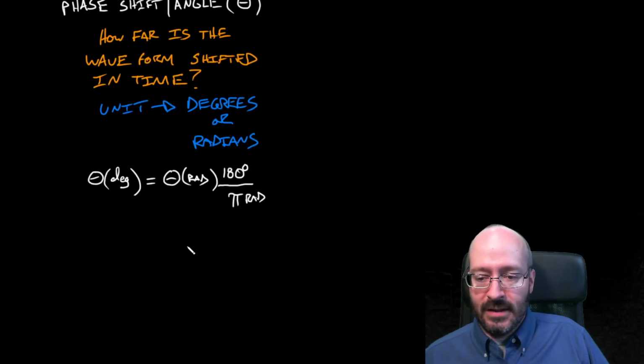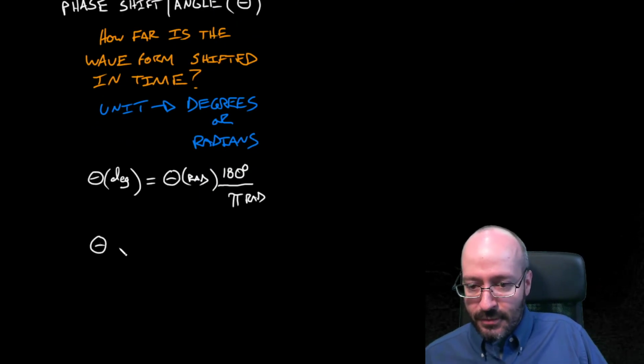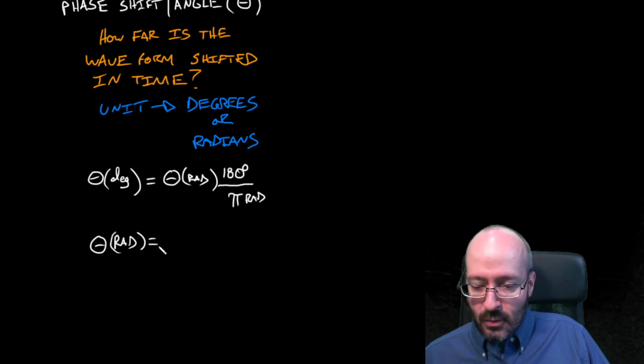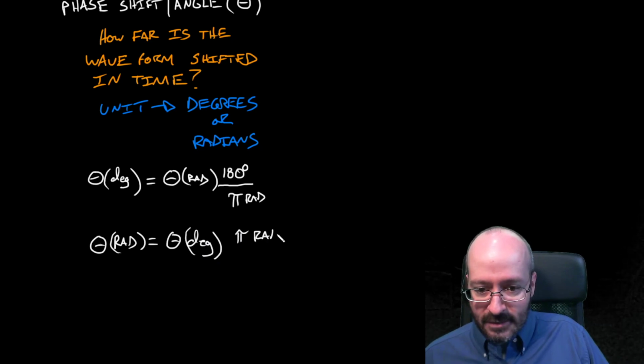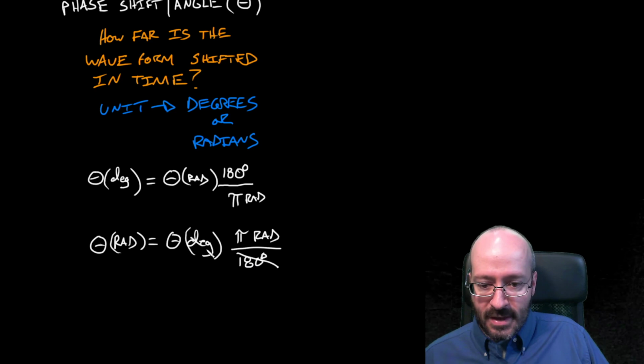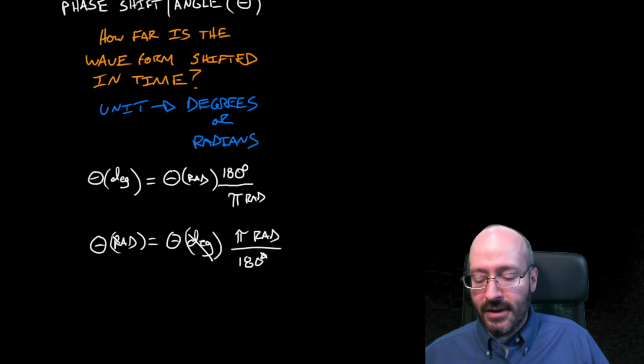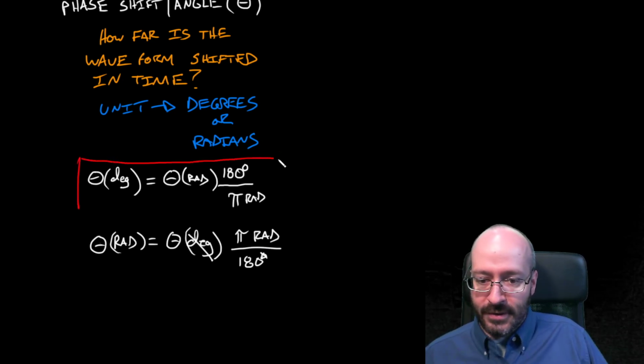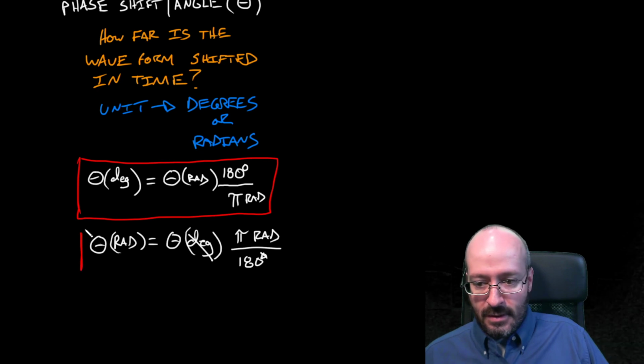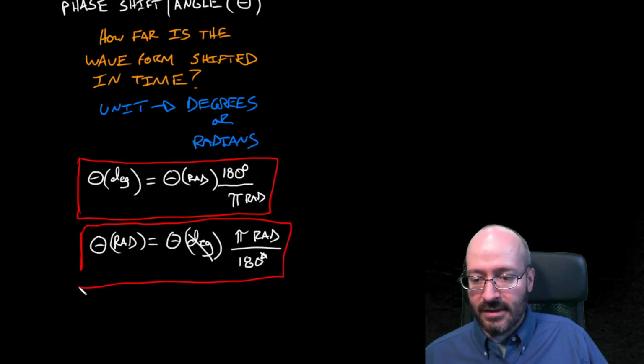You can always flip that around, which we will have to do frequently, and we'll say if we want the phase shift in radians, we take the phase shift in degrees, and we do the opposite. We multiply by pi radians, and pi radians is equal to 180 degrees. Whoops, 180 degrees. So that degrees cancels that. Hold on. That degree cancels that degree, and we're left just with radians. So those are also useful. Hopefully review. They should be review, because you've dealt with radians in previous classes for sure.